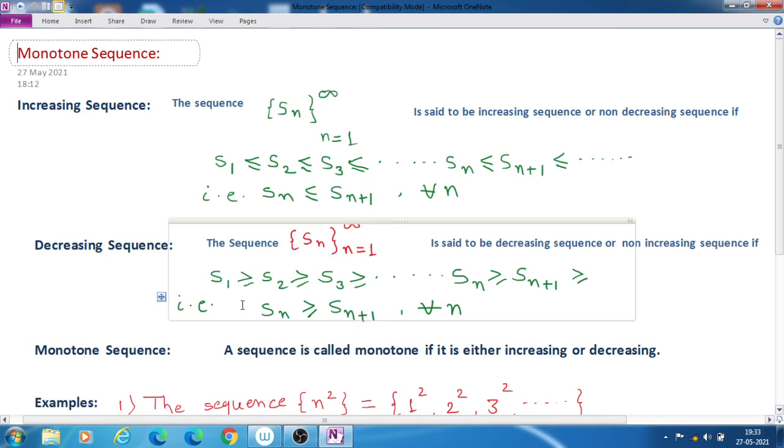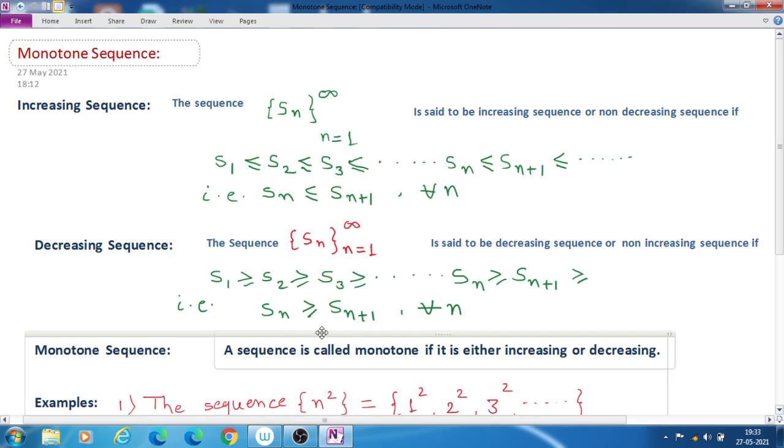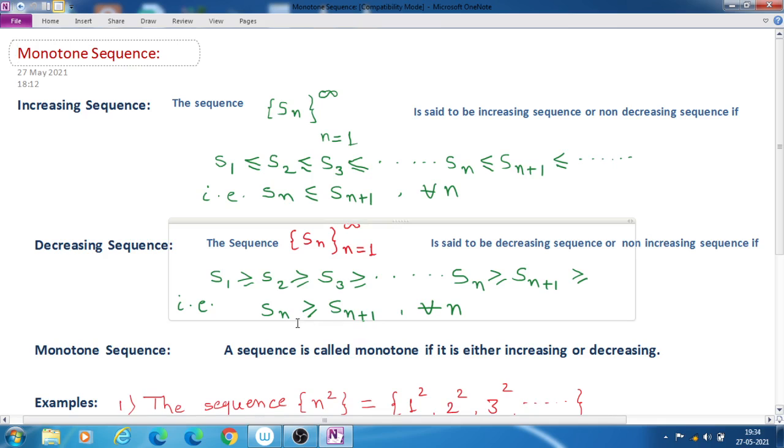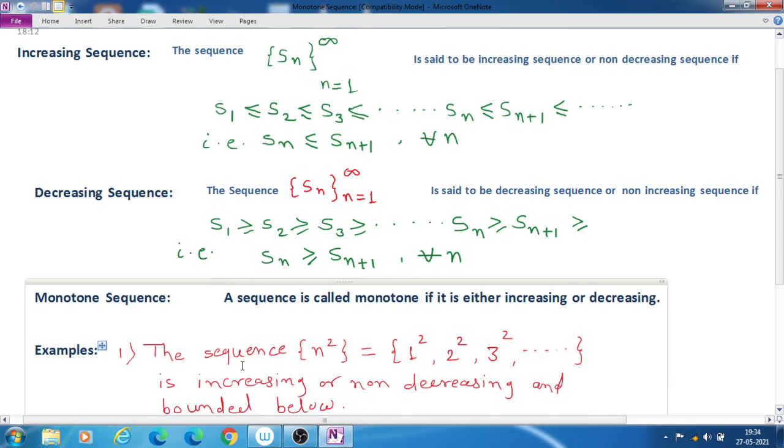That means in a decreasing sequence, the terms go on decreasing. The previous term is greater than the next term. So generally we write Sn is greater than or equal to Sn plus 1, or Sn plus 1 is less than or equal to Sn. A sequence whose terms go on decreasing is called a decreasing sequence.